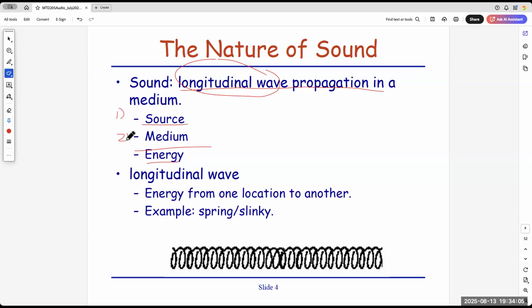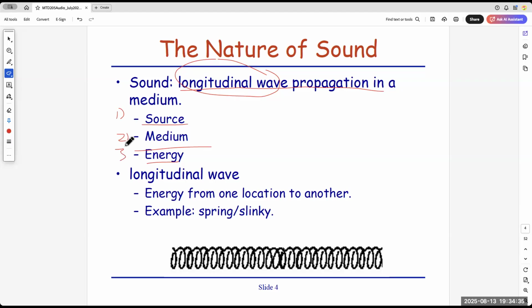The back of a guitar is made of wood. A piano is also made of wood. Violins, double basses, big violins, small violins are all made of wood, because wood itself is a medium that sound can travel through and play out.